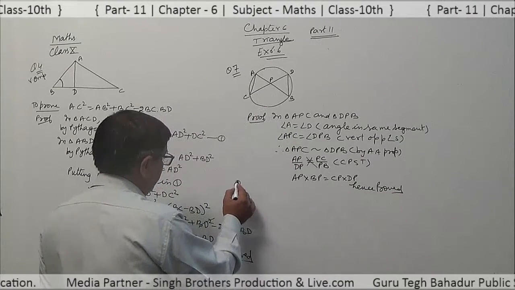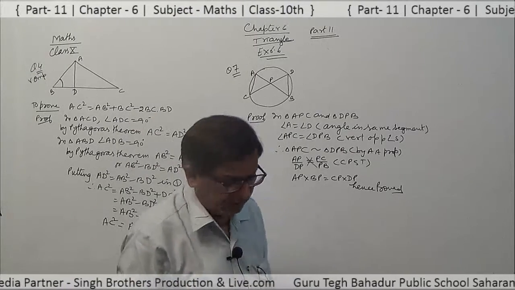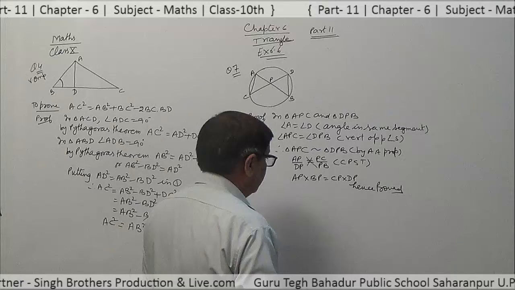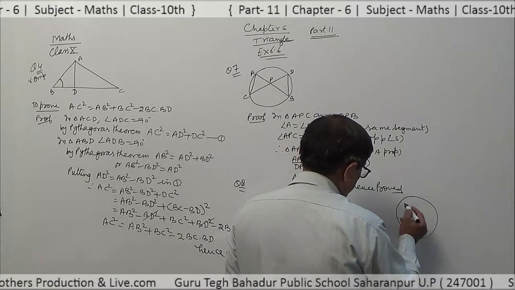See question number 8. It is also same as question number 7. This is your cyclic quadrilateral.